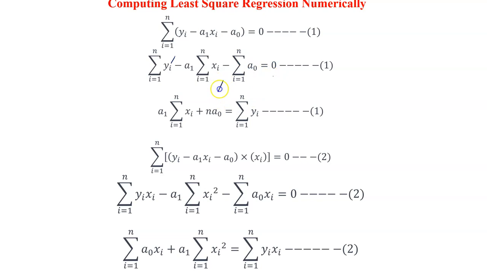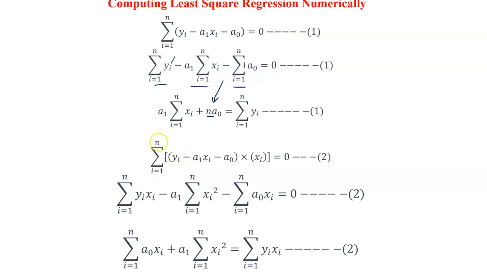Taking these terms to one side and that one to the other side, ultimately we get A1 summation of I equal to 1 to n of xi plus n A0, because there are n data points, so 1 is added every time, so n times A0, equal to summation of I equal to 1 to n of YI. So this is equation number 1. Similarly for equation number 2, the minus 2 will vanish because we do the multiplication with 0.